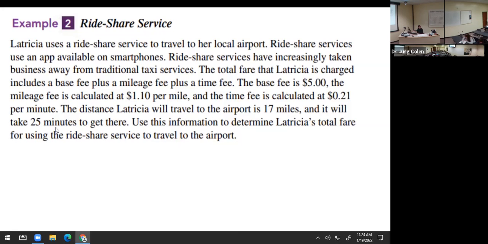Which fee? The time fee, right? Because it's time. Okay? So using this information, you need to determine the total fare. I think this problem is easier than the previous one. Don't you think? Tell me how you solve this problem.